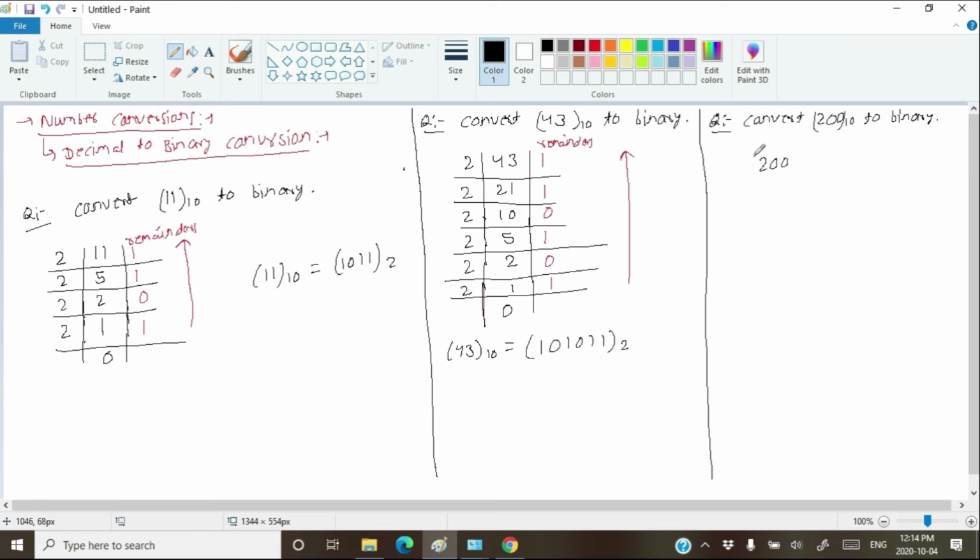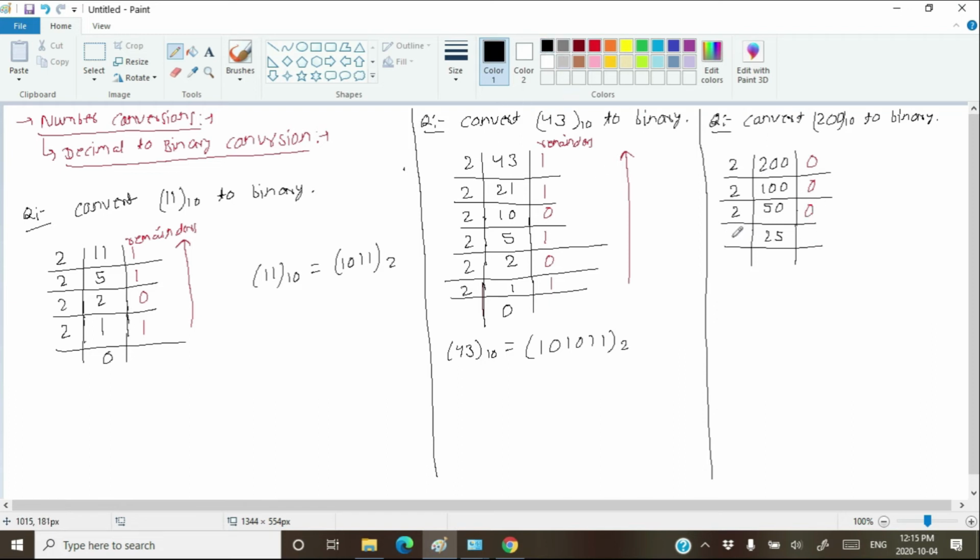200 divided by 2, you will get the quotient as 100, and the remainder will be 0. Again you divide the latest quotient by 2 and you will get 50 as your quotient and 0 as the remainder. When you divide 50 by 2, you will get 25 as the quotient and 0 as the remainder.